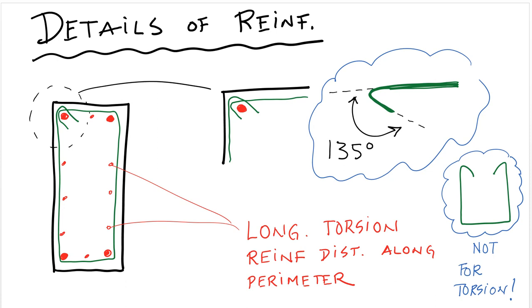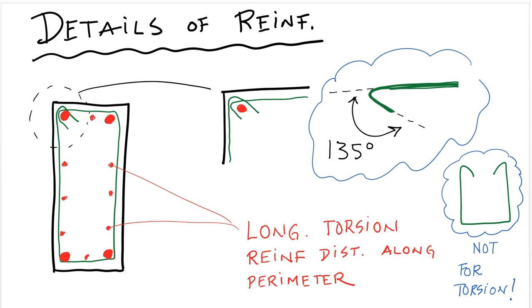In addition, the longitudinal reinforcement has to be distributed throughout the perimeter of the cross section. So let's suppose that this red reinforcement here is used for resisting bending moments. Whatever additional longitudinal reinforcement you have for torsion, which would be these usually smaller diameter bars, these bars have to be distributed across the perimeter.